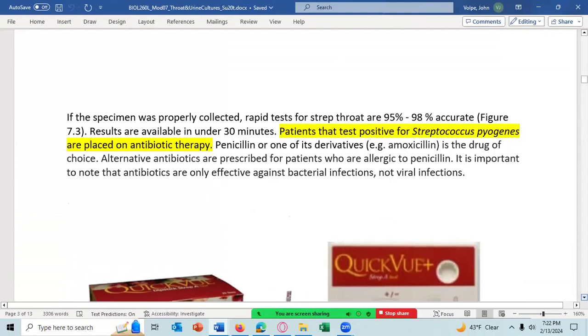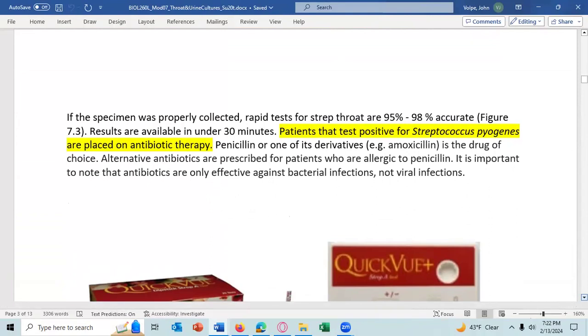Patients who test positive for Streptococcus pyogenes are almost always placed on antibiotic therapy. The reason is that most patients cannot throw off strep throat. Streptococcus pyogenes has a capsule around the cell, and that capsule tends to protect the bacteria from the immune system.